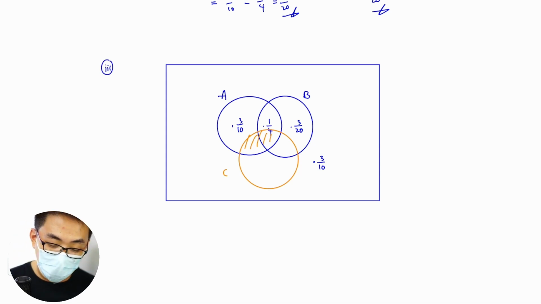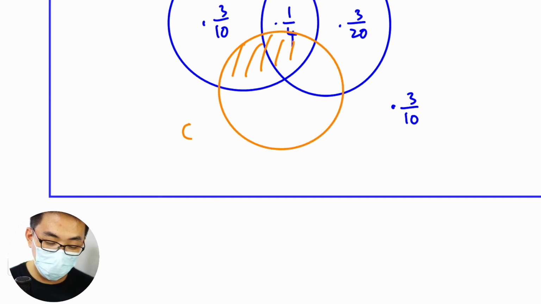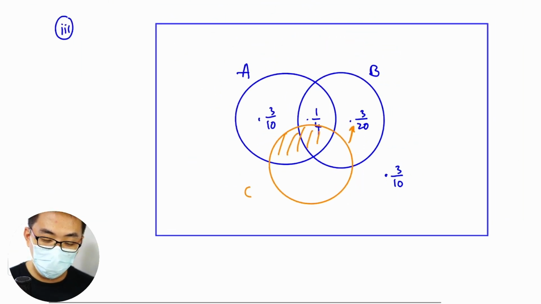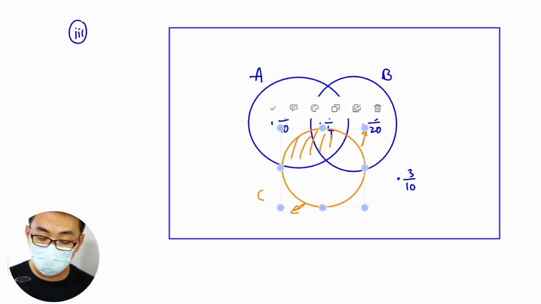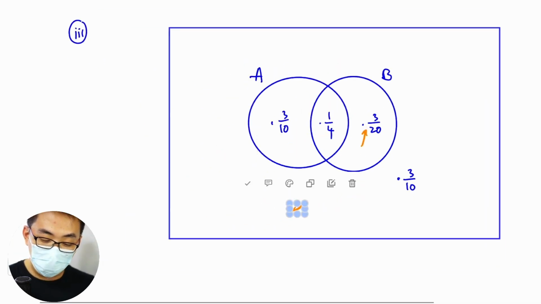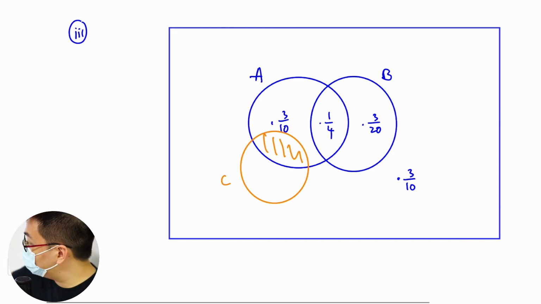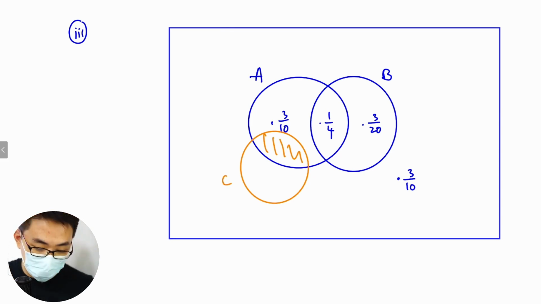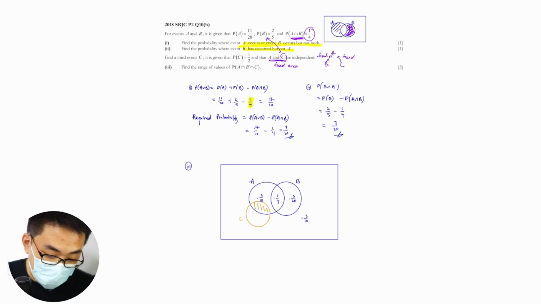If you can imagine this with me, follow me very carefully, this C can freely move in and out of B, or can even be mutually exclusive, where it doesn't touch B at all. So there are a few different cases there. But what you need to do is find this potato here. This potato is important. We want to find A prime intersect B prime intersect C.